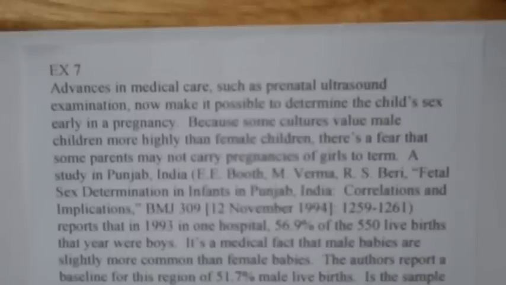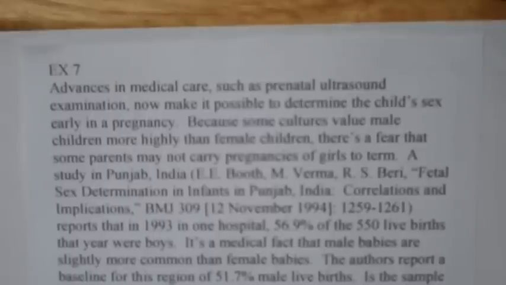A study in Punjab, India, reports that in 1993 in one hospital, 56.9% of the 550 live births that year were boys. It's a medical fact that male babies are slightly more common than female babies. The authors report a baseline for this region of 51.7% male live births. Is the sample proportion of 56.9% evidence of a higher proportion of male births?